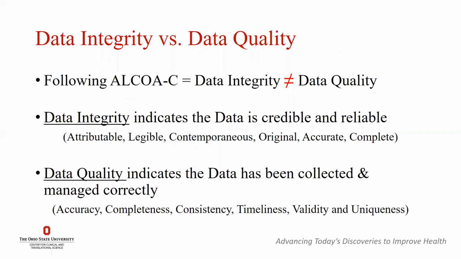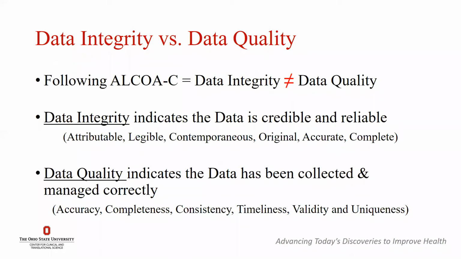So when we're talking about data integrity and data quality, are they actually the same? And they're not. If we follow the ALCOA-C, that is talking about our data integrity. And we talked about this last month when we discussed ALCOA-C. Data integrity is not the same as data quality. Data integrity indicates that the data is credible and reliable.